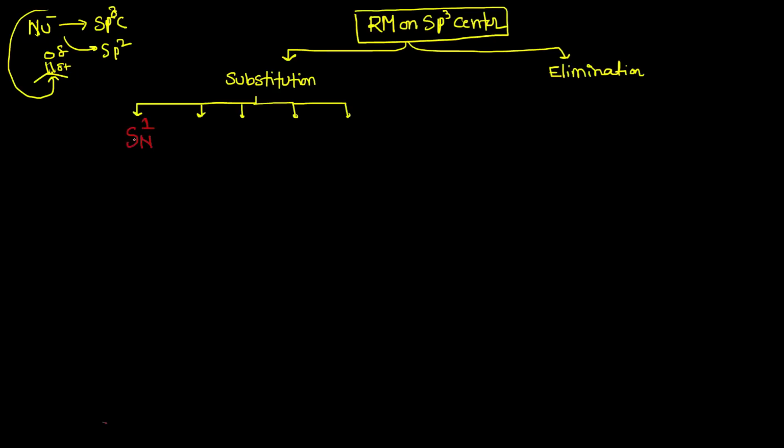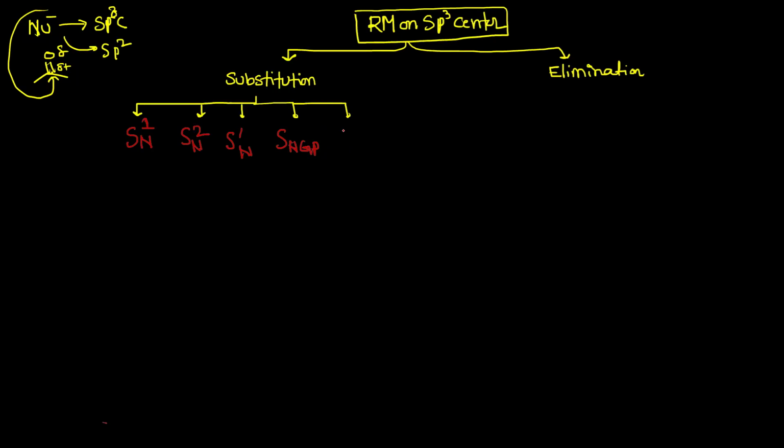SN1, substitution nucleophilic 1, substitution nucleophilic 2, SN1, SN2, SN dash, SNGP. NGP means neighboring group participation.